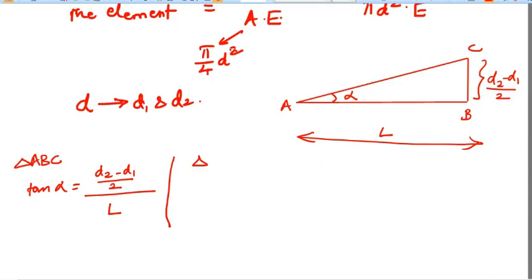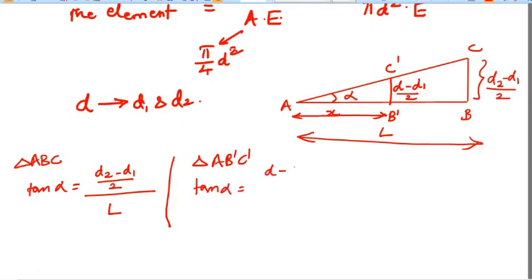Similarly, consider this triangle A, B dash, C dash. Here I am having the elemental small element, so here the length will be (d minus D1) by 2. This is at a distance x from A. So for triangle A B dash C dash, tan alpha is equal to opposite by adjacent. The opposite is (d minus D1) divided by 2, whereas the adjacent is x.